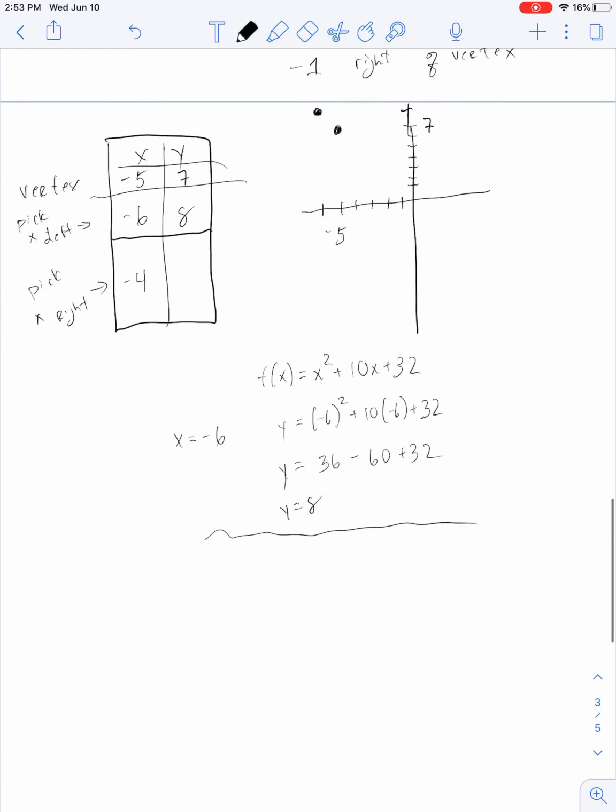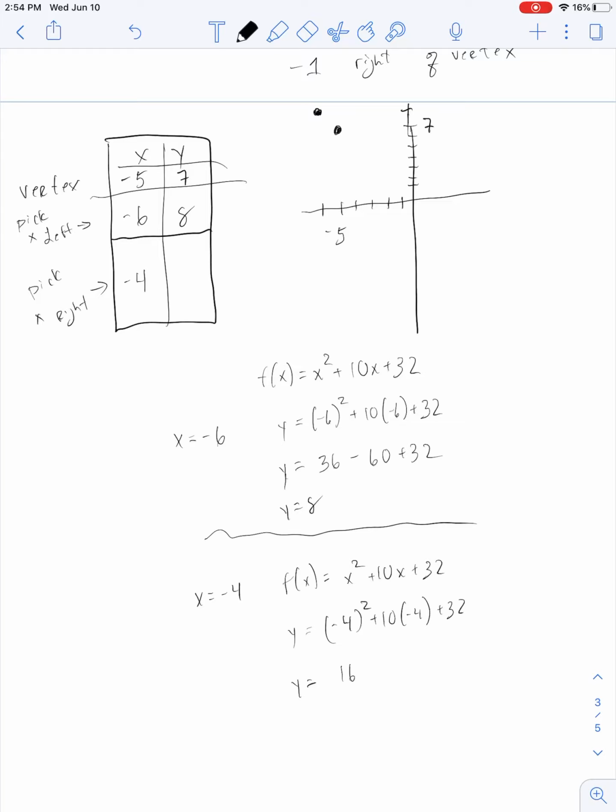And we do it again. This time x is -4. And we replace x with -4. So what do we get here?